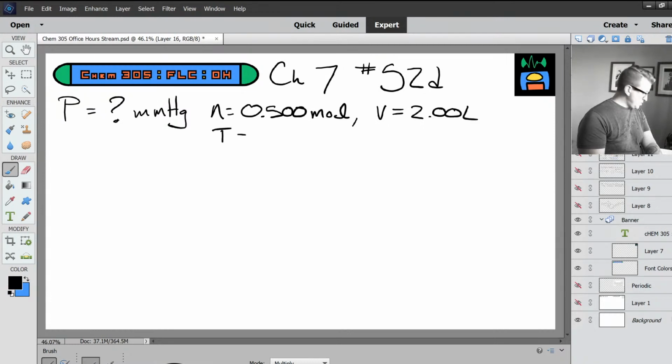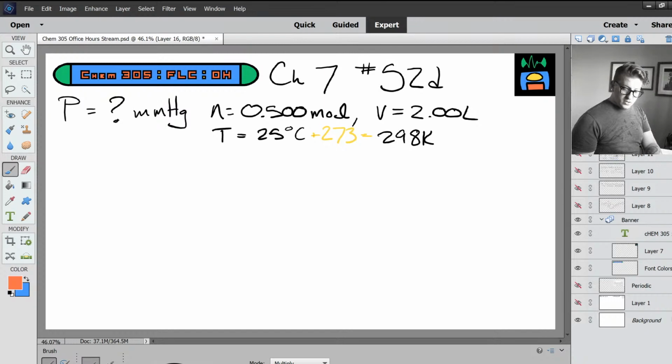Our temperature is 25 degrees Celsius, but we've got to convert this to Kelvin, so we're just going to add 273 right out of the gate. This will add to 298 Kelvin, and if you look, we added two numbers with their last significant digit in the ones place.